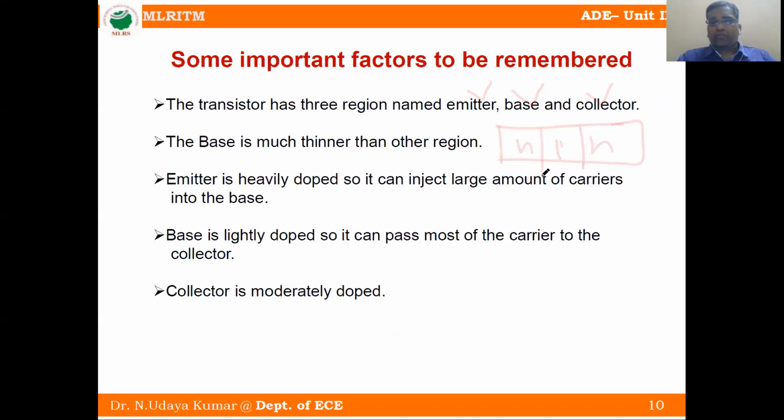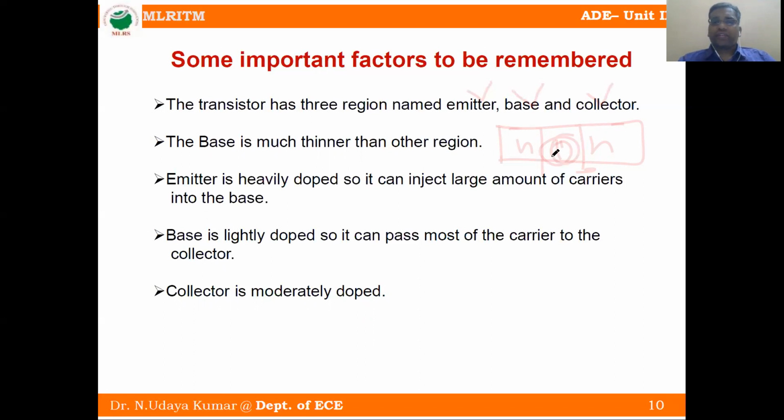Why the base is thin: the N region emits electrons, and P contains holes. If P is large in size, what happens? All these electrons recombine with holes. There are no charge carriers left to cross the second junction, because all electrons have combined with holes, so there is no flow across the second junction.